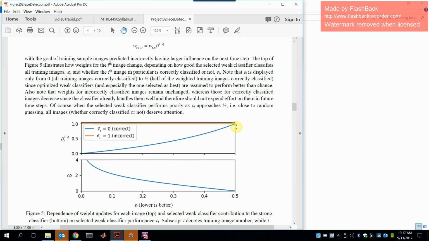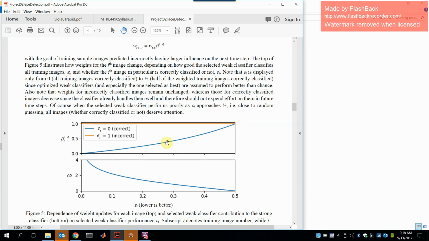but if it were 50%, then the weights would not change. So if your classifier was the best one, and it's just half the time it's right, half the time it's wrong, all the weights should stay the same because you didn't really get any right anyway. You're just as good as chance. So if the selected classifier is only as good as chance, then the weights should all stay the same, whether the image was correct or not, because that classifier is not very good. And then you have this sliding scale in between.